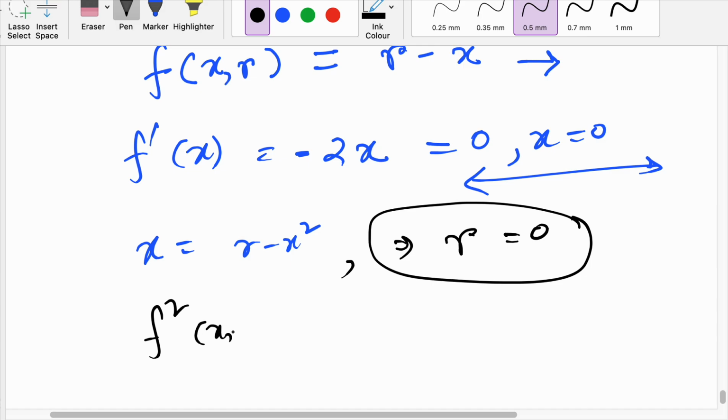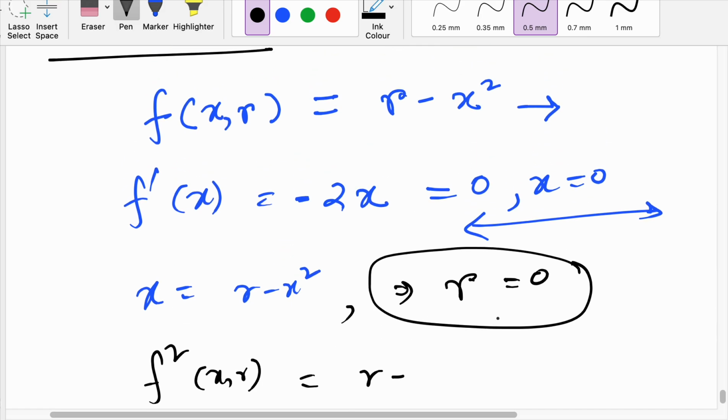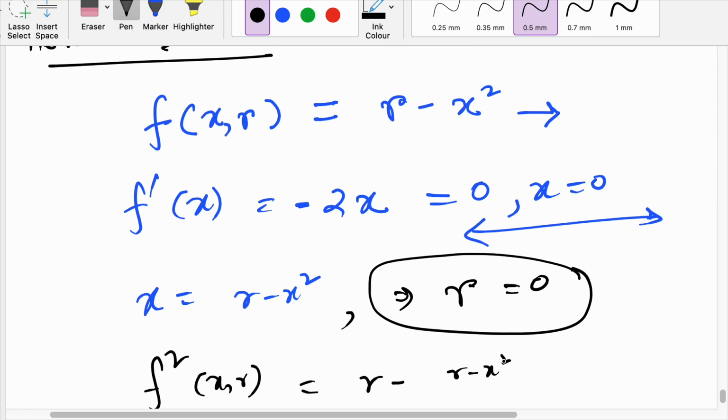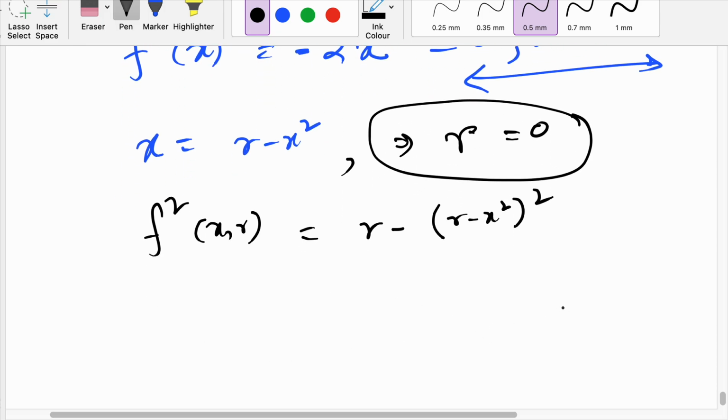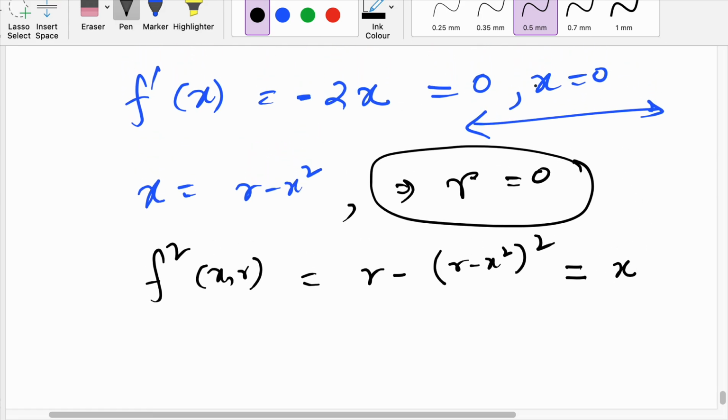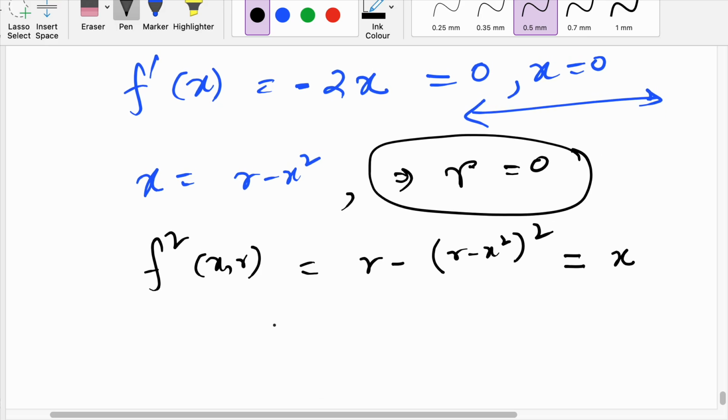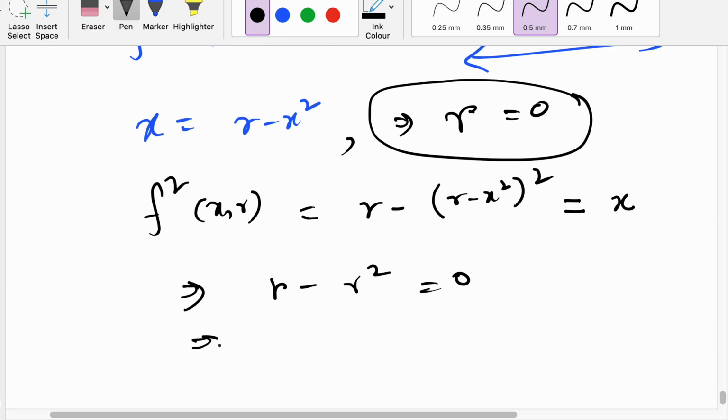Then if you do f^2(x, r), you will find r - x^2 composed again. Now, what will this fixed point be if it is equal to x? We know it should contain the point x = 0. If I put that in, it leaves the equation r - r^2 = 0, so r(r - 1) = 0.